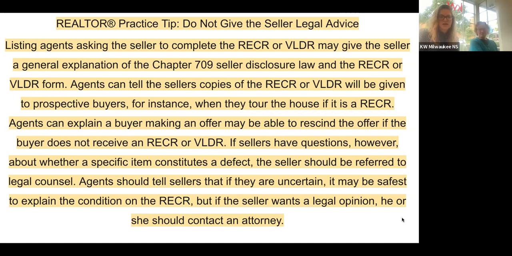Agents can tell the sellers copies of the real estate condition report will be given to prospective buyers, for instance, when they tour the house. Agents can explain a buyer making an offer may be able to rescind the offer if the buyer does not receive a real estate condition report. And if the seller has questions, whether it's a specific item, the seller should be referred to legal counsel.